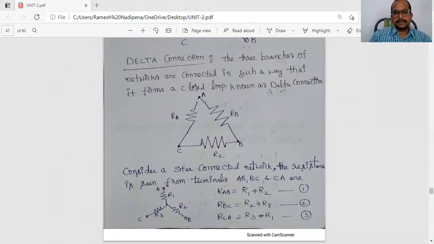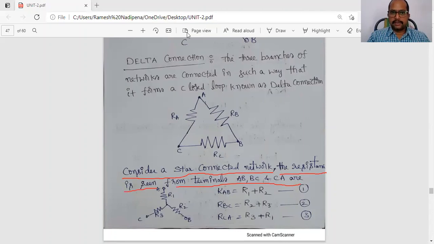For that, listen carefully, my students. Consider a star connected network. The resistances are seen from terminals AB, BC, and CA.